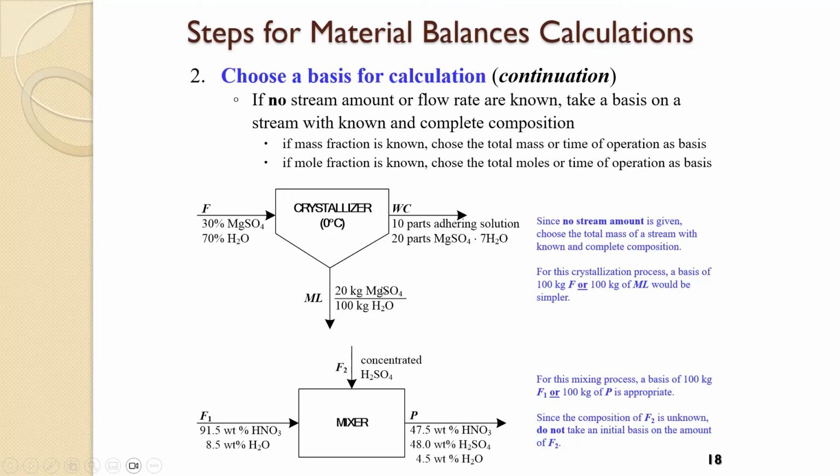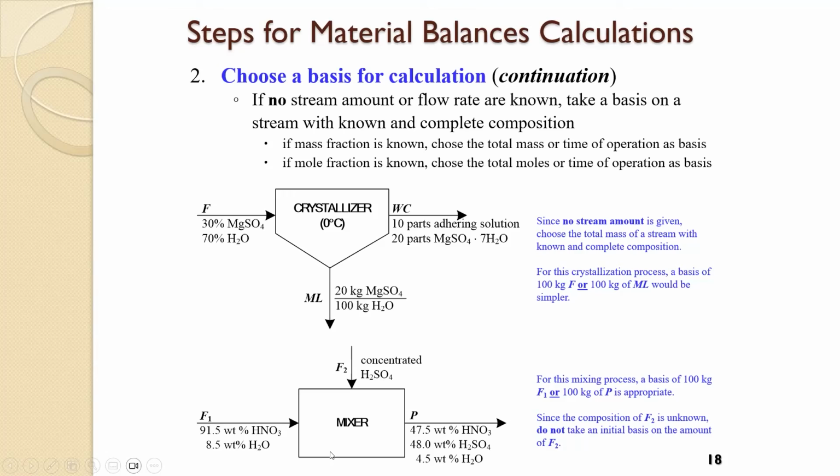Probably all of them might be complete, so it is okay to start with the feed. So the basis here could be an assumption of 100 kilograms, because everything is in kilograms here. So there are 100 kilograms of feed. It could also be 100 kilograms of mother liquor, right?